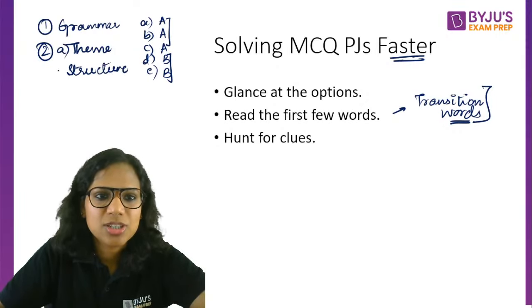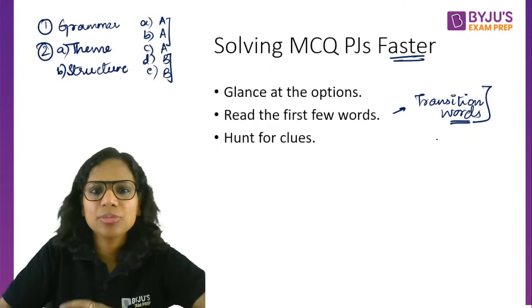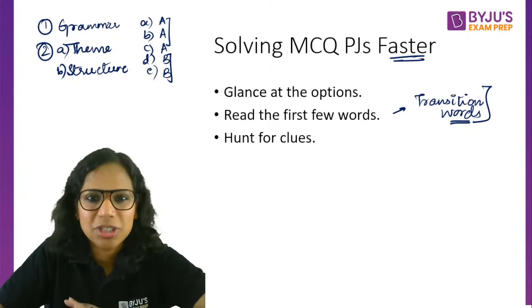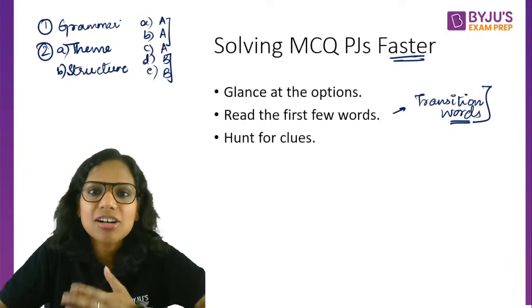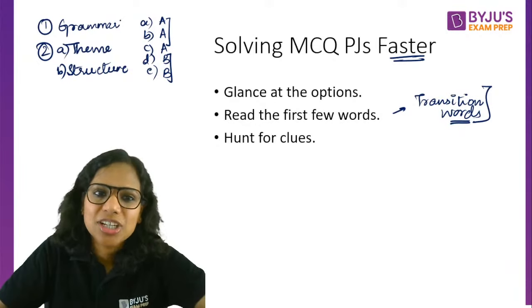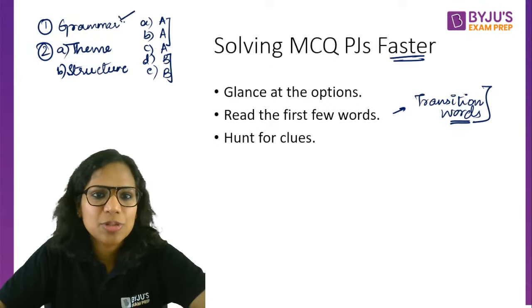So look for such clues. Grammar: transition words, I call them conjunctions, so they come under grammar for me. Noun-pronoun relationship, again grammar. Articles, the, again grammar. Tenses, relationship, past, present, future, grammar based clues.